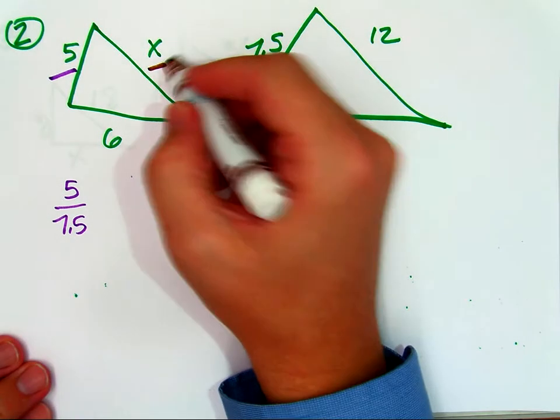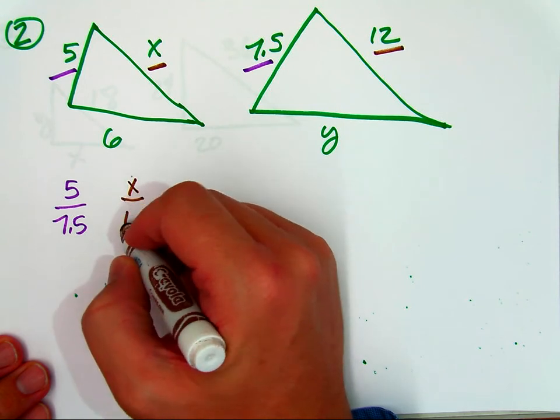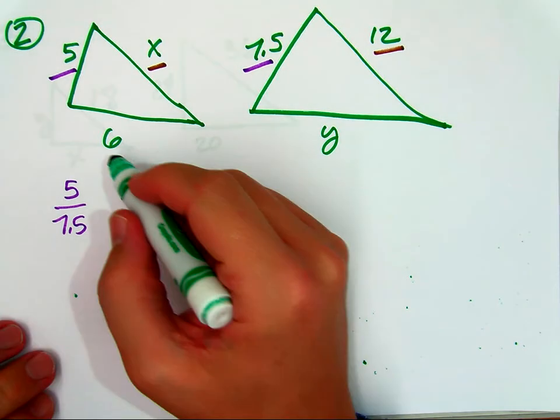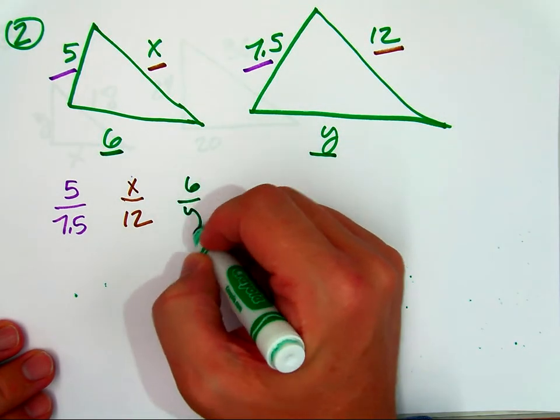X matches up with 12, so I've got x over 12, and 6 matches up with y, so 6 over y.